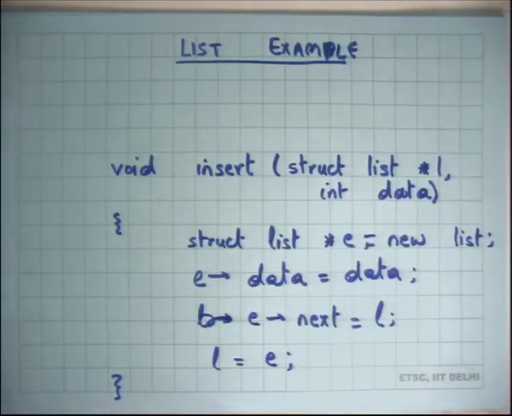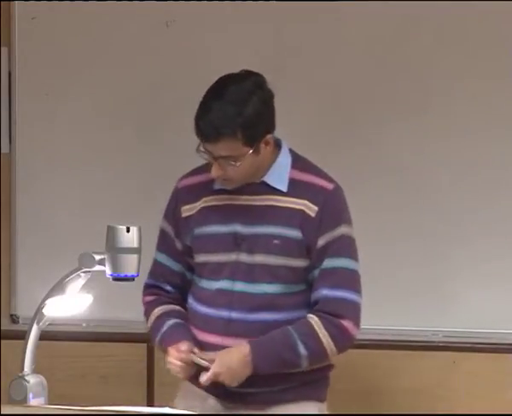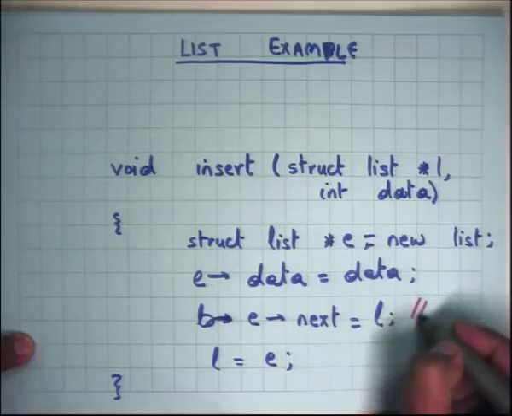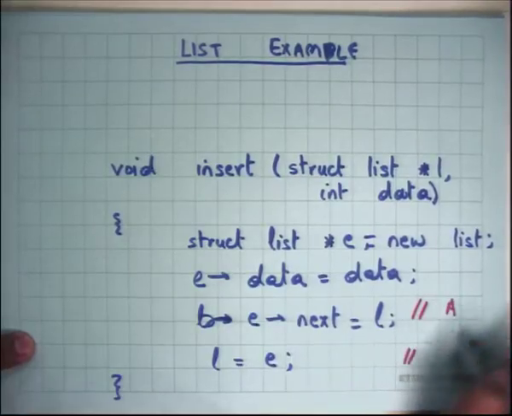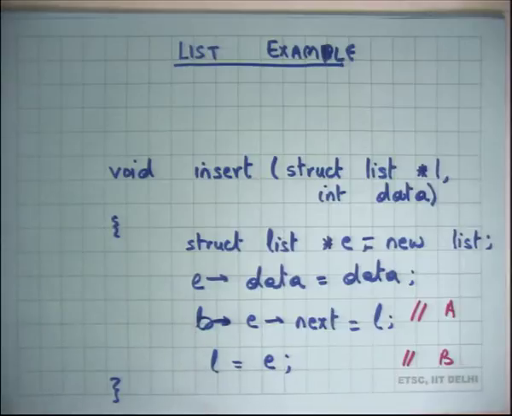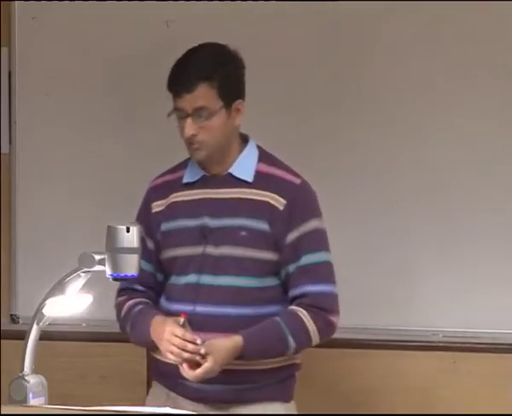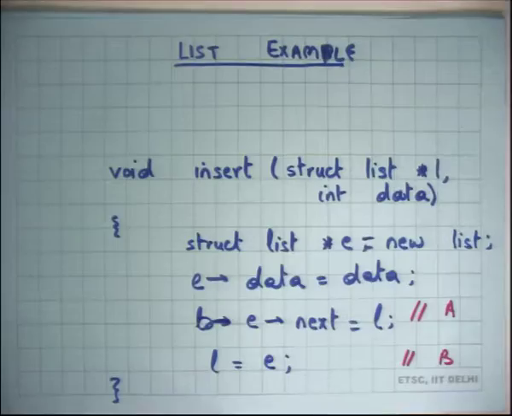If multiple threads do this simultaneously, there's a problem, because let's say this is statement A and this is statement B, and these need to be executed atomically. If two threads execute these and the executions interleave on these two statements, then very bad things can happen, and we saw some of them. Locks are meant to solve these kinds of problems.